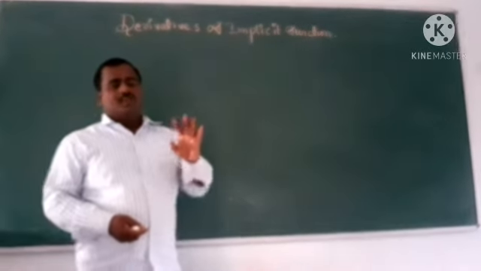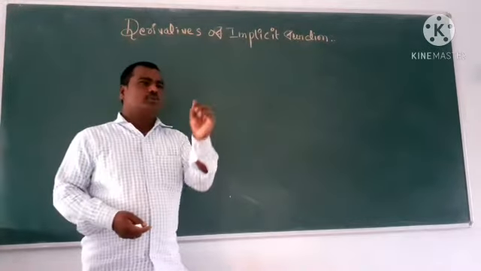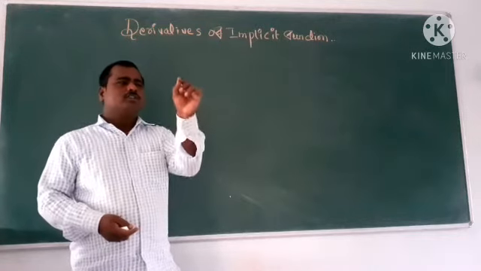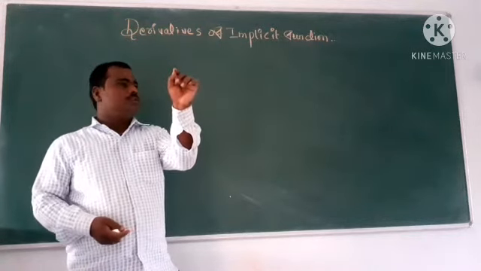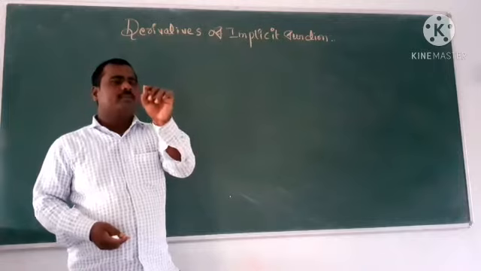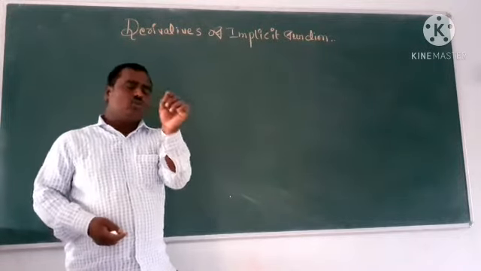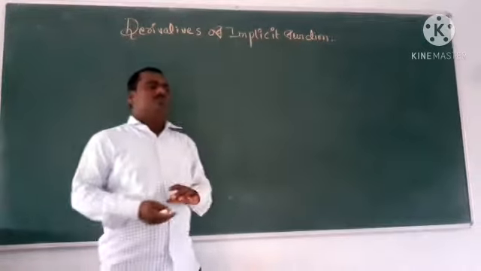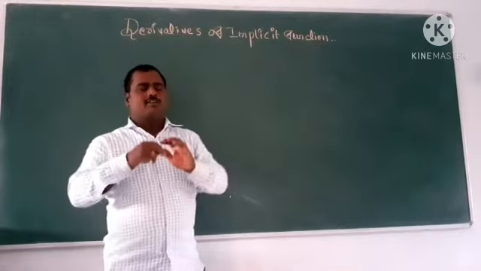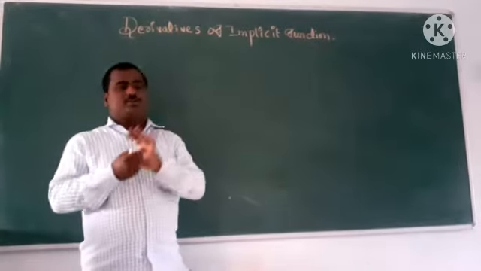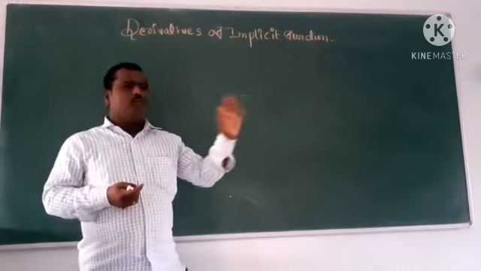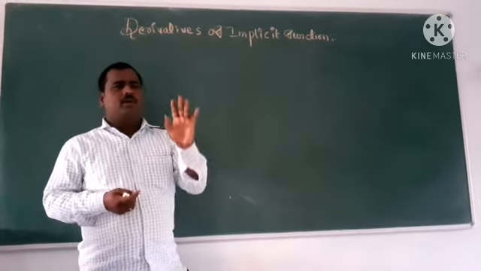Another most important one is u by v: consider v times the derivative of u minus u times v dash, divided by v square. The first function, the second function. Next one, the chain rule. All these are one part.